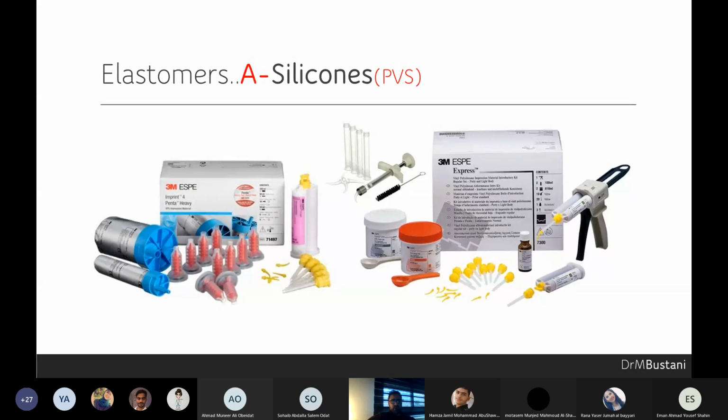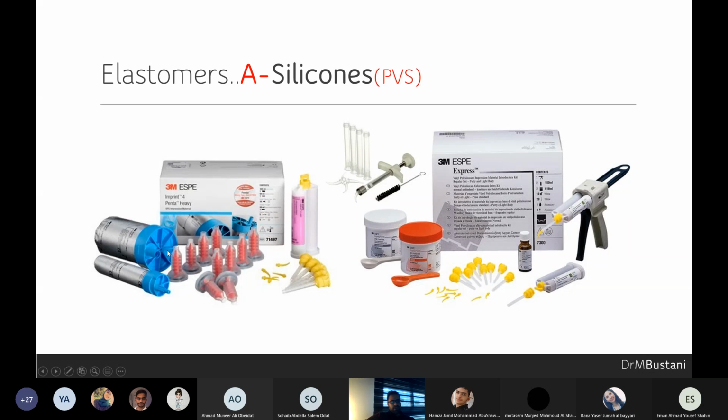On the other hand, A-silicone is much better and the material of choice in almost every aspect of dentistry nowadays, in implants and in crown and bridge work. In this photo, we have different types or different consistencies. This is most probably the one that can be used with the machine.